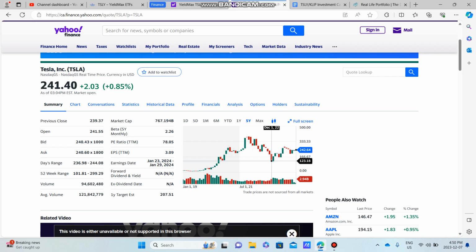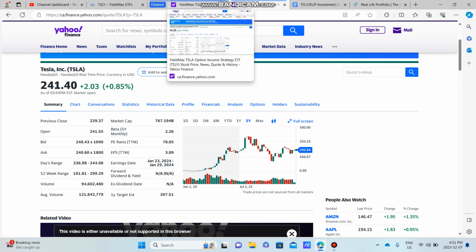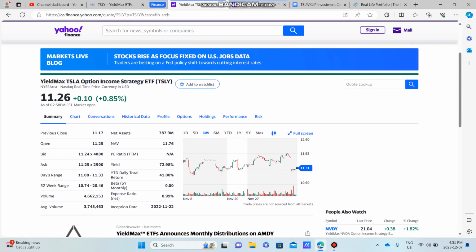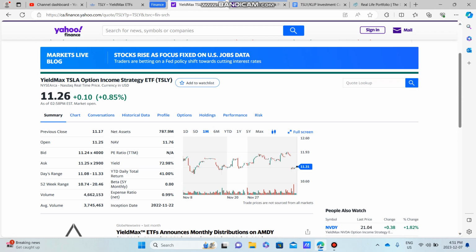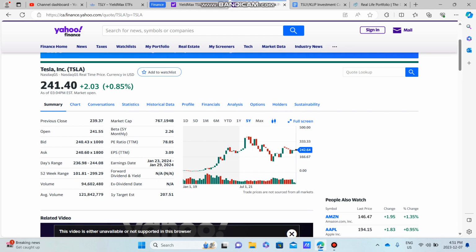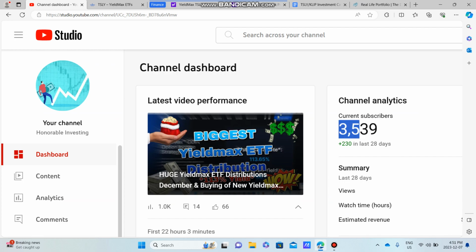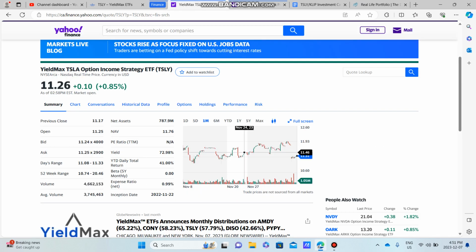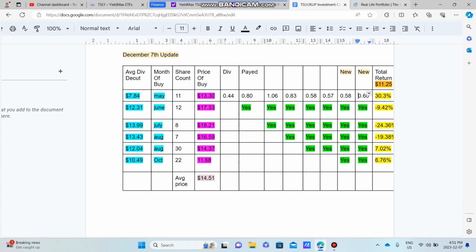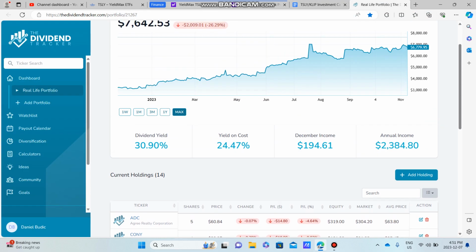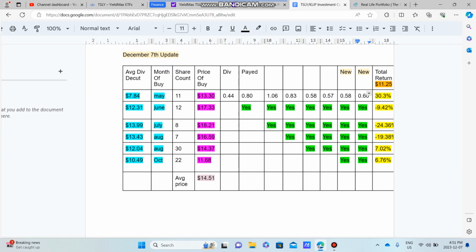I actually don't see it really going back down to this $100 level, but I want to be as pessimistic as possible, because I want to originate the worst case scenarios for TSLY to see how it might respond, and really think of a situation where it might respond very poorly. That is what I want to be prepared for, and that is what I want to prepare all 3,539 of you for. I hope you got a little insight on TSLY for the future and what it might bring, and just how the dividends compound and build up in your account.